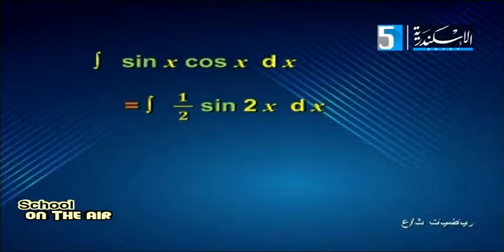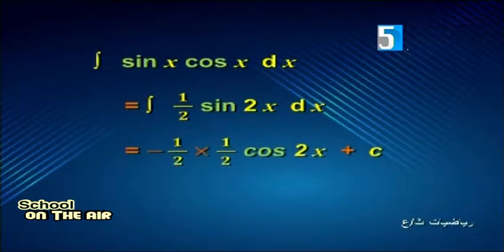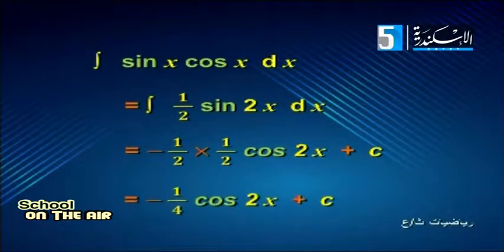Then the integration of half sine 2x equals negative 1 over 2, multiplied by half, multiplied by cosine 2x plus constant c. Then the integration equals negative quarter cosine 2x plus c.